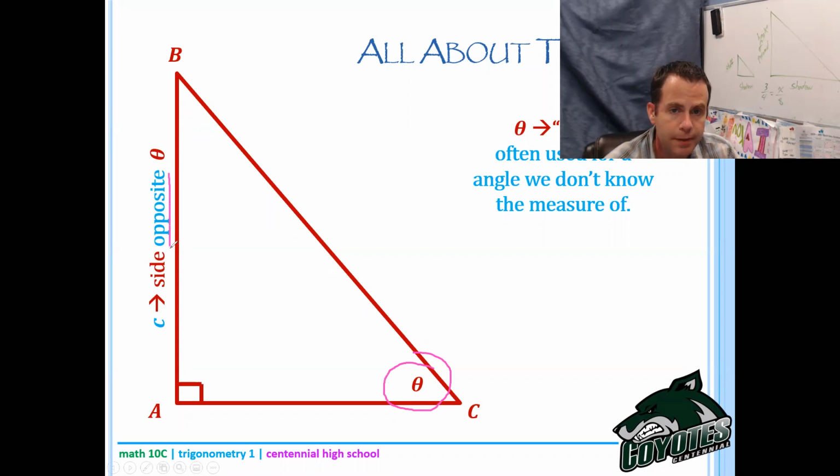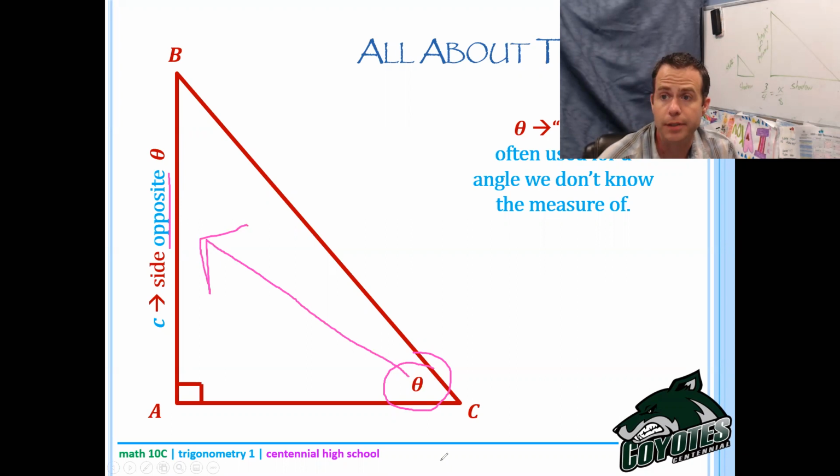That word opposite is because it's opposite the angle that we're looking at. Theta was right here. So that represents the angle I'm staring at right now. And so opposite that angle, we're going to call that side the opposite side. Okay. Then this guy's the hypotenuse.